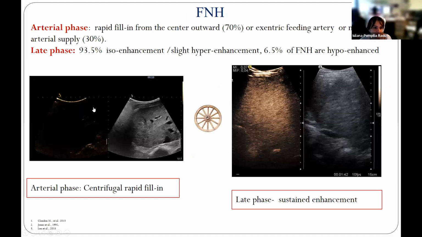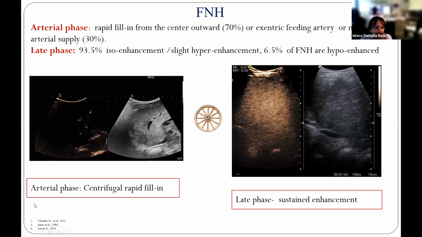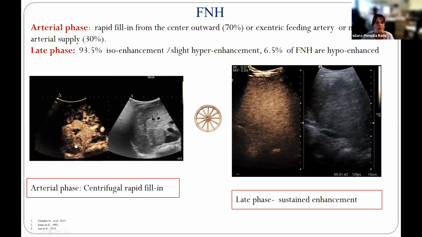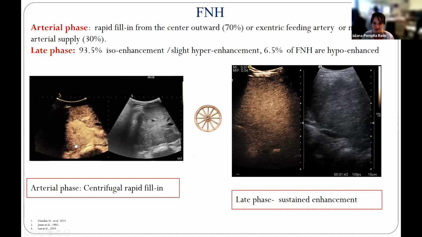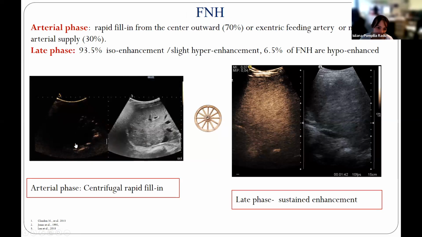Focal nodular hyperplasia, I think, is one of the most beautiful lesions. We have a rapid filling from the center to the outside. It's a centrifugal enhancement. However, an exception is when we can have a multilocular arterial supply or eccentric feeding.